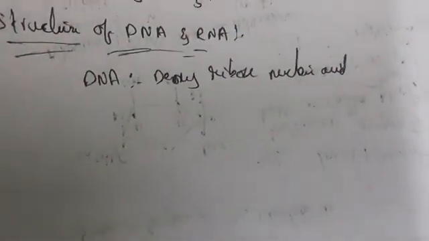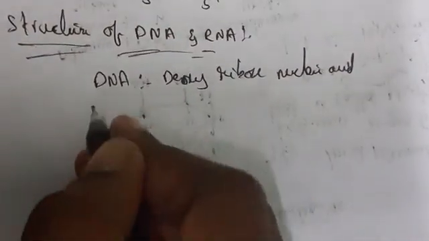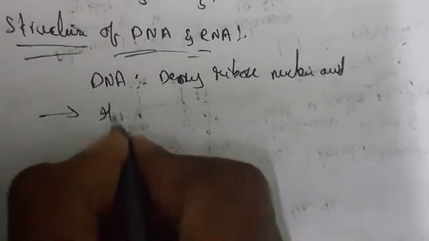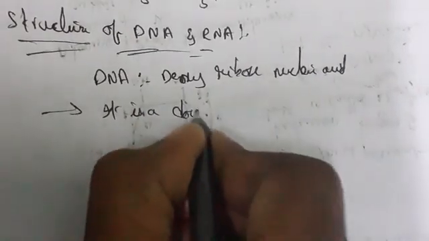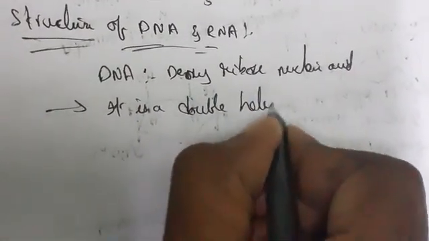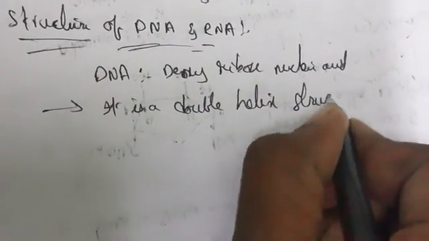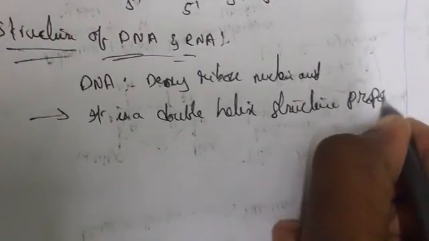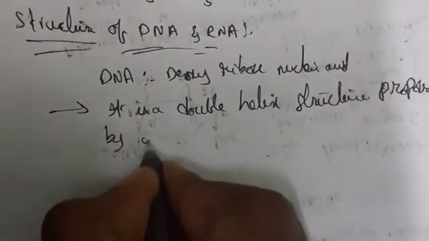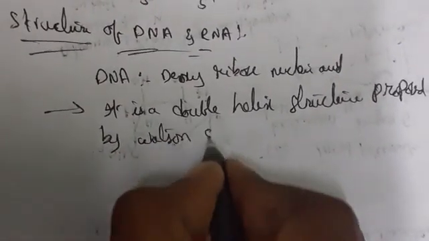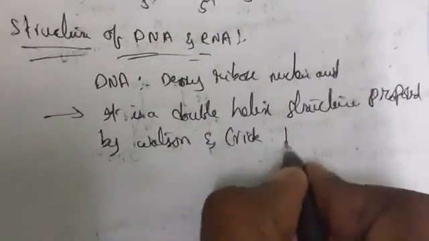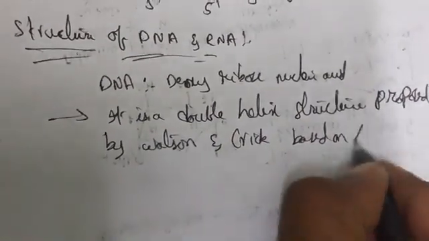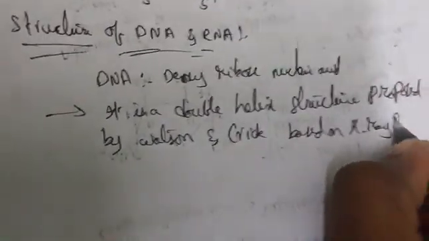It is a double helical structure, which was proposed by Watson and Crick based on X-ray diffraction studies. It is a double helix structure proposed by Watson and Crick based on X-ray studies.